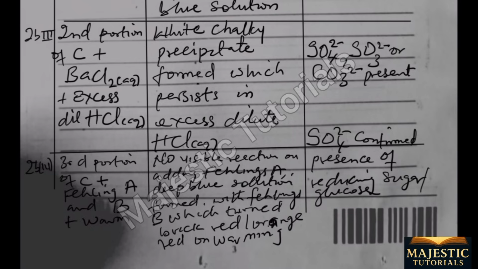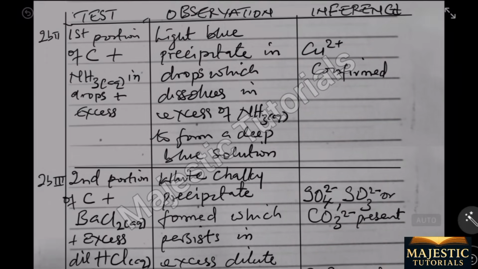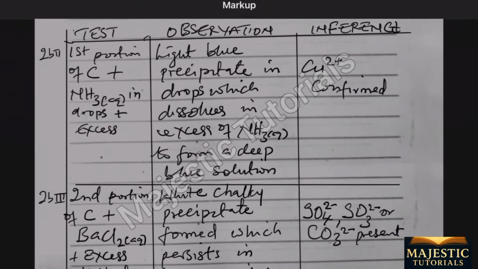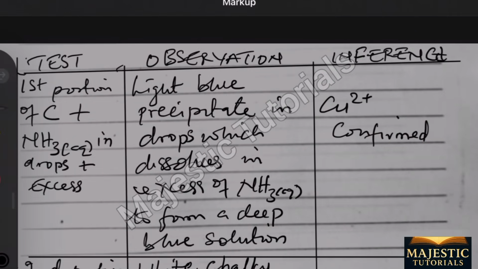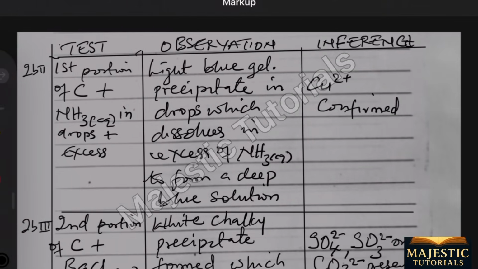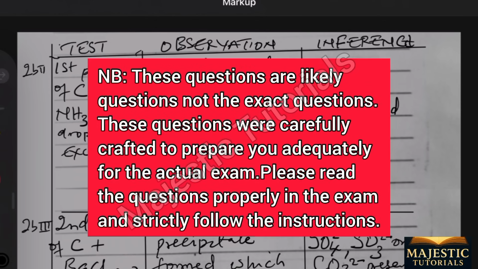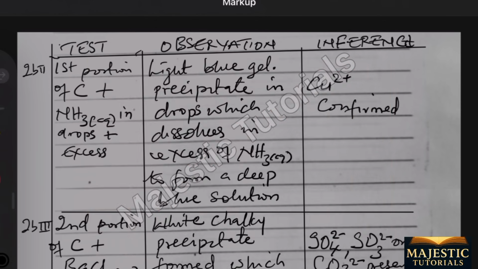Instead of forming a light blue gelatinous precipitate, that means that my 2Bi here, I need to put gelatinous. I omitted it. Okay, it should be light blue gelatinous precipitate. But when you use sodium hydroxide, the theoretically expected result is that it should give a light blue gelatinous precipitate, which will persist in excess.